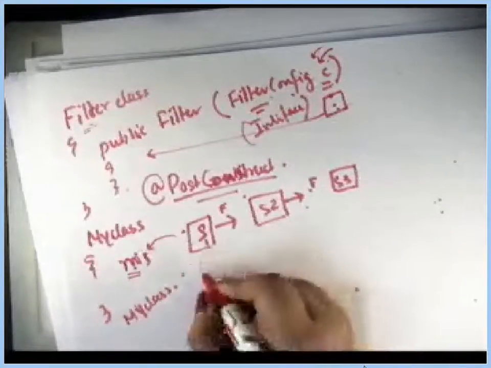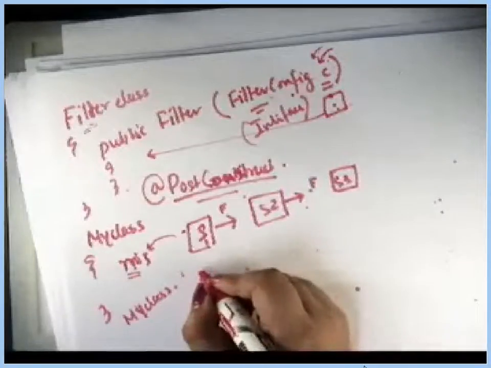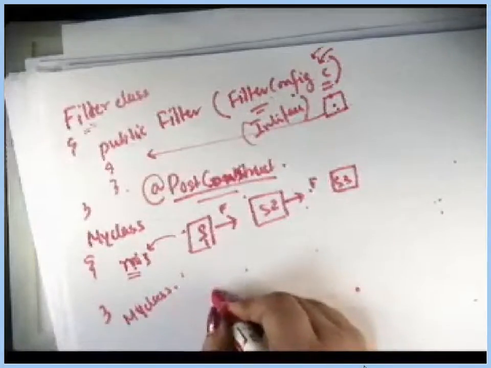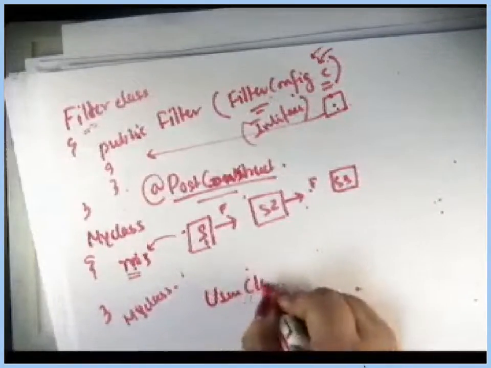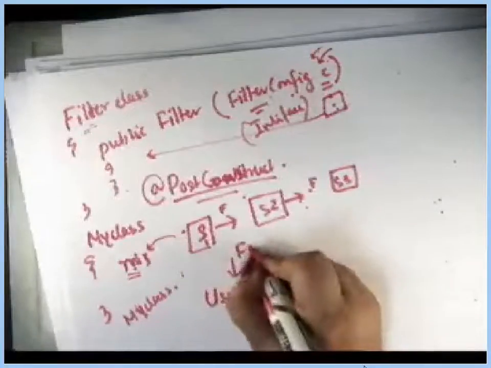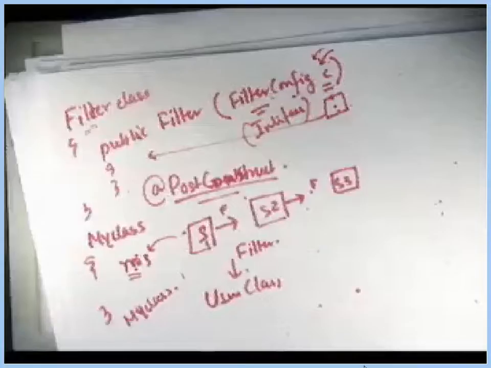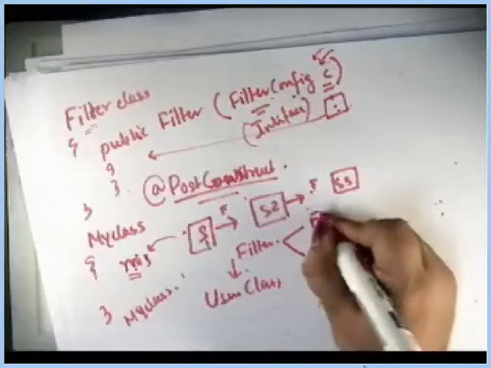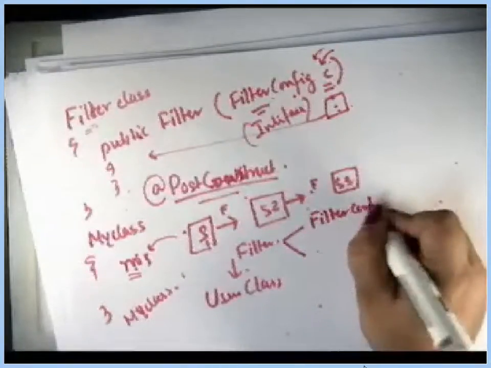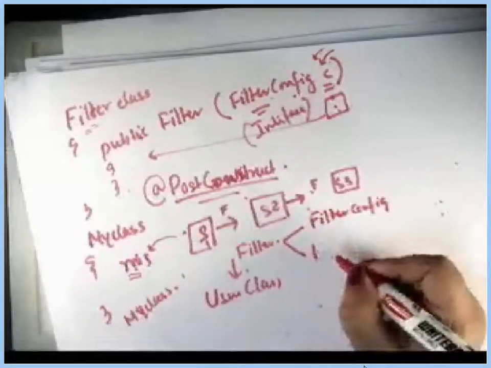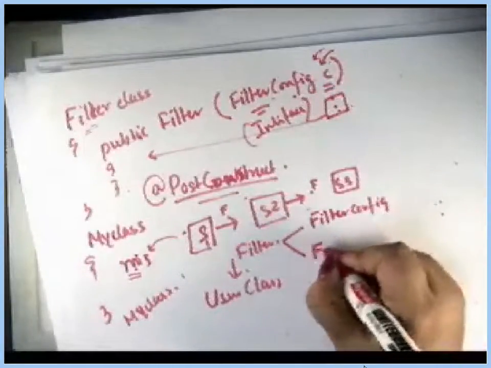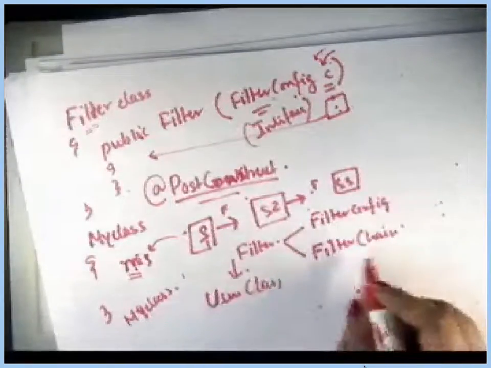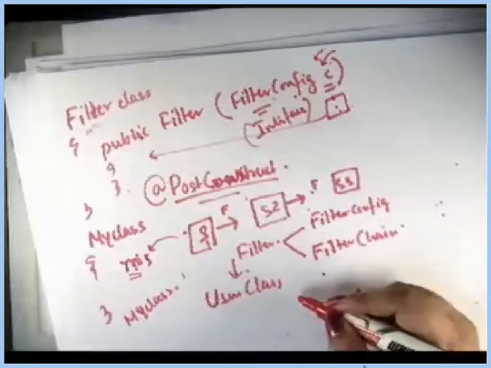So any class which has to take part in becoming a filter has to inherit from the Filter class, say this is our user-defined class. The Filter class will have two implementations: one, it will implement an interface called FilterConfig, and it will also implement another interface called FilterChain.